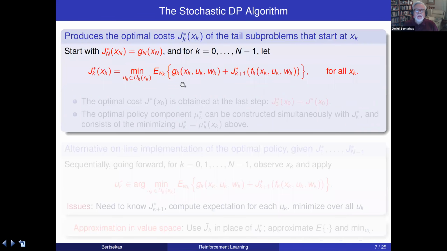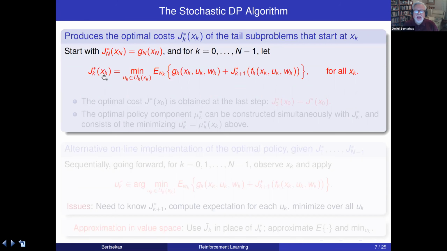Okay, so now we can extend the dynamic programming algorithm to apply to stochastic problems. Again, the key object is this Jk star of xk, the optimal cost of the tail subproblem that starts at xk. And the dynamic programming algorithm starts from this terminal cost function.